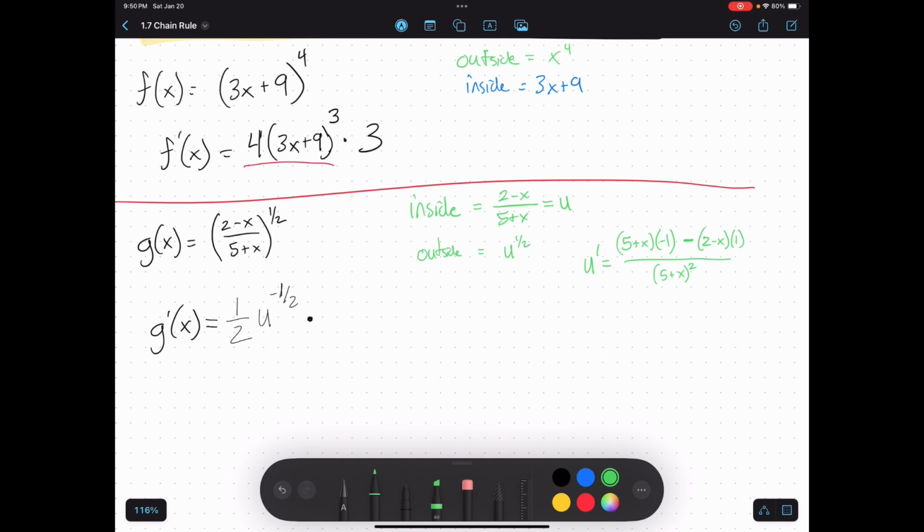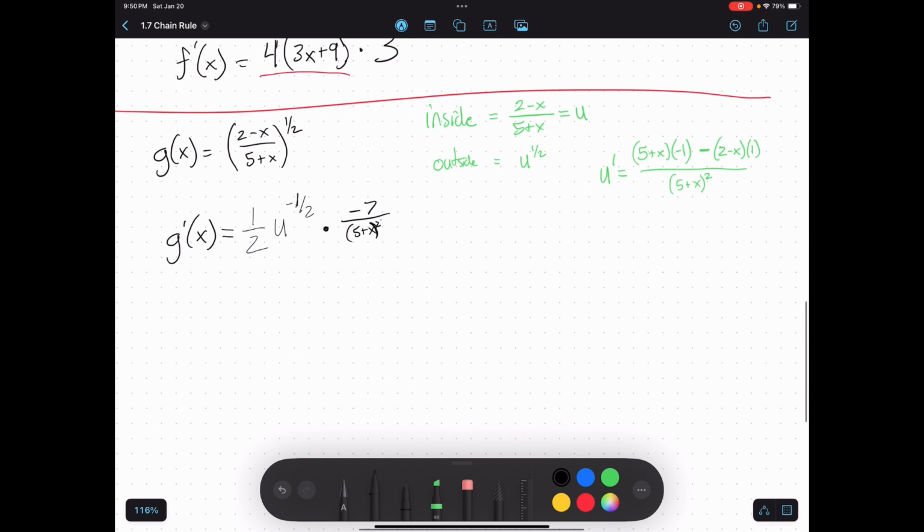Very nice. So I can go ahead and put that back over here. I'll simplify a little bit. Turns out the x's on top cancel out, and you're just left with negative 7 over 5 plus x squared. Very nice. Okay. So not too bad, right?